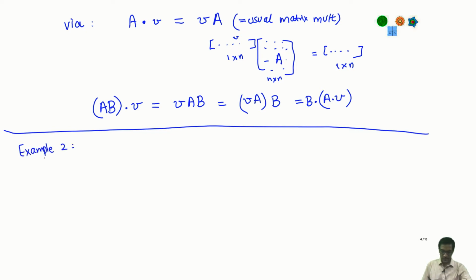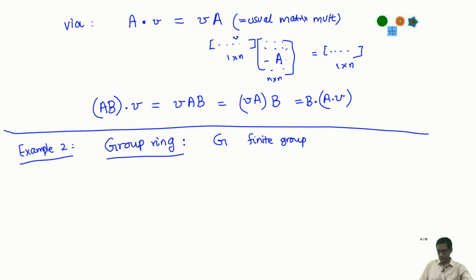Okay, time for another example. Let's take example 2. Now I'll take the ring R to be a group ring. Recall from the lectures on rings the group ring of a finite group. Let's take G to be a finite group. Its group ring is defined as follows.